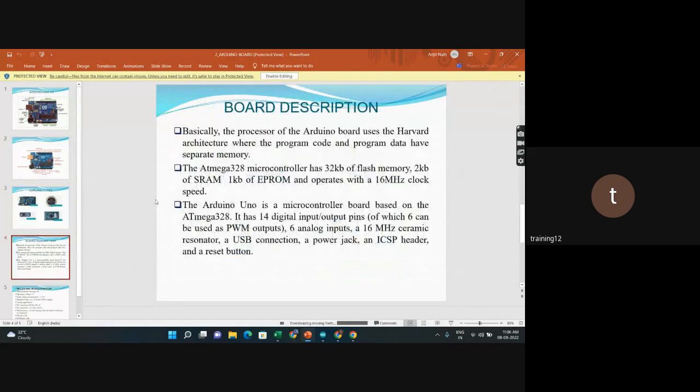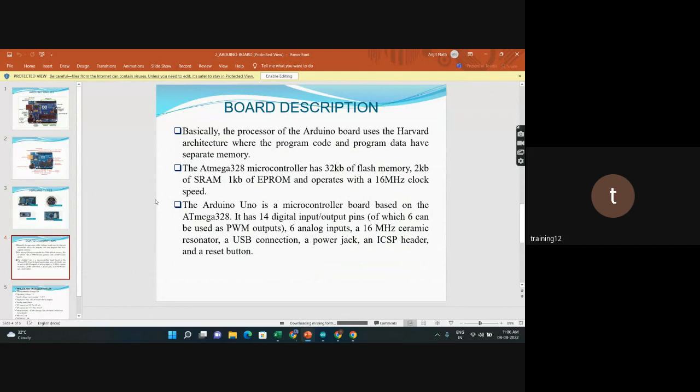I have already discussed many things about the board, but I will discuss the board once again. Basically, the processor of the Arduino board uses the Harvard architecture, where the program code and program data have separate memory.